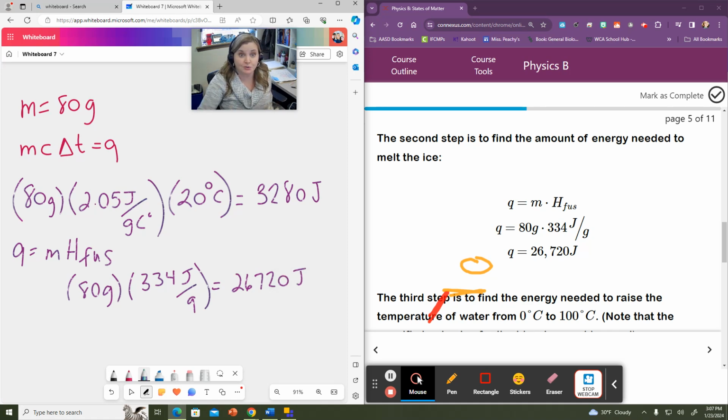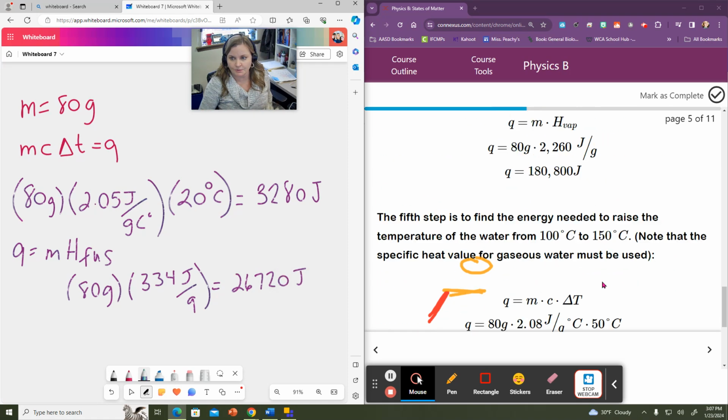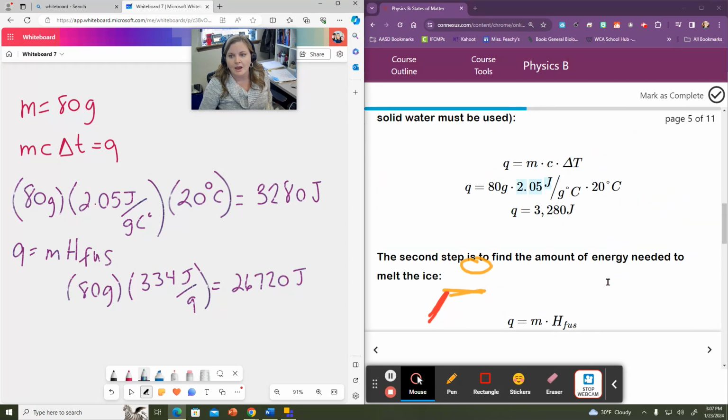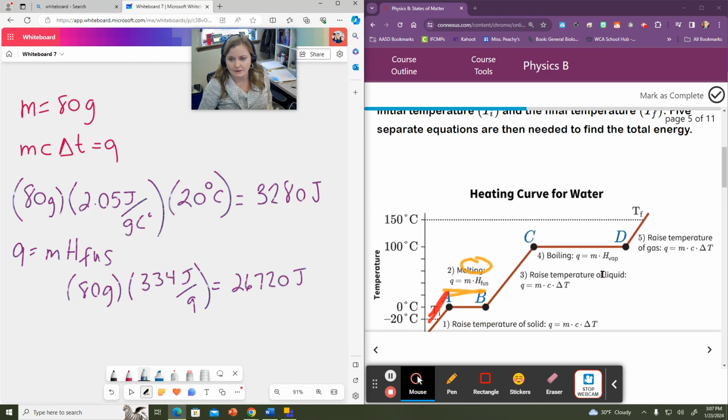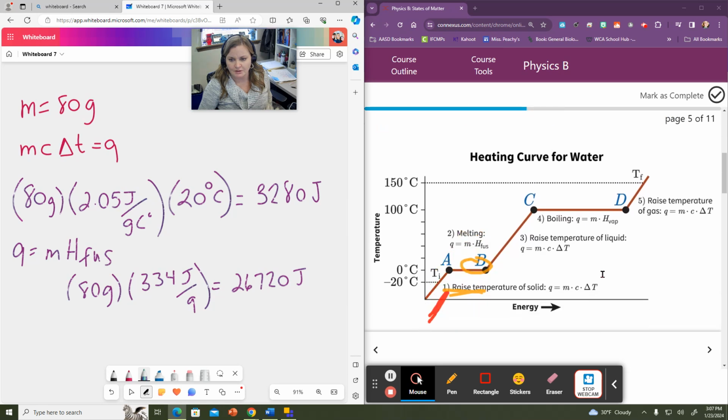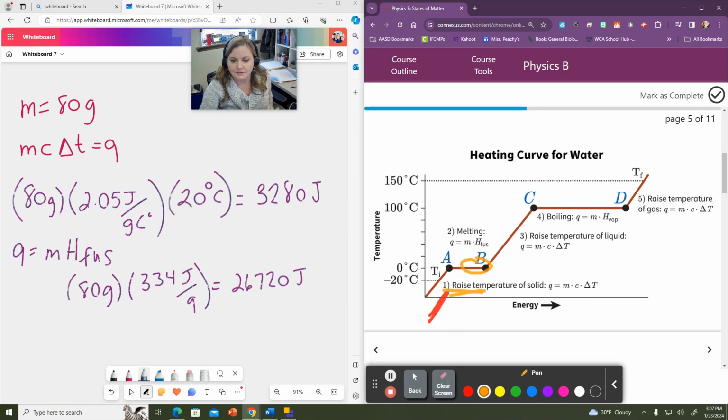Now, those are just the first two steps. I could sit there and go through this whole thing. It goes through the whole thing with you, but that's kind of what we're doing in this problem. And you'll probably end up seeing something like this on your unit test. You're going to have to add up all of these different components, the amount of heat here, here, here, here, and here.